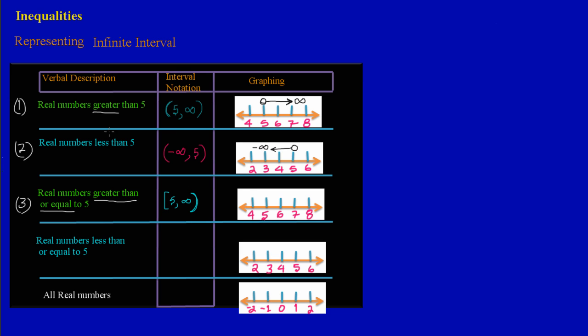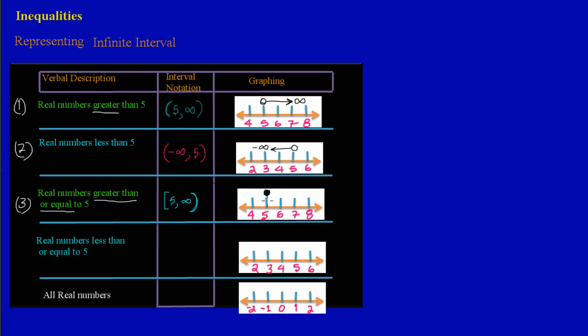Now I can also represent that on a number line, and this is how we represent this on a number line. Now I'm going to use my circle again, and again I'm placing it at 5. But in this case, look what I'm going to be doing now. Because it says greater than or equal to, I am going to shade this.